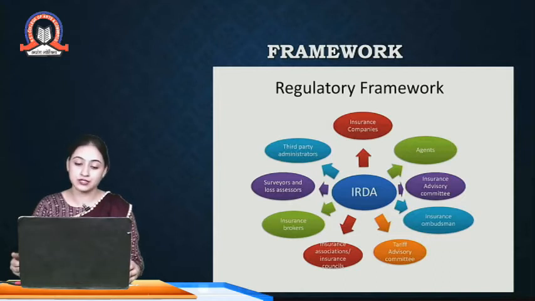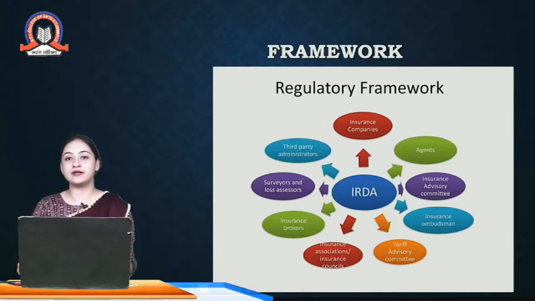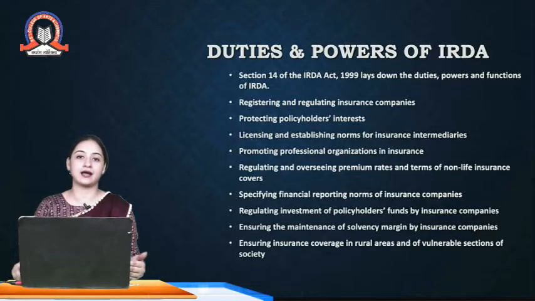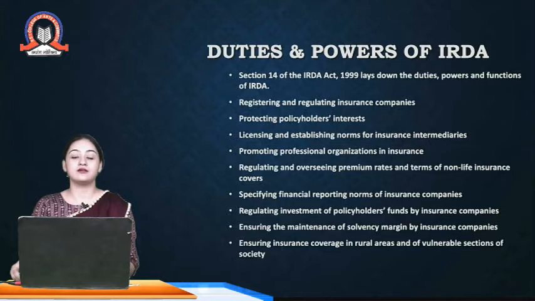Insurance association or council, brokers and agents are available. Losses are monitored, and if we are outsourcing or involving a third party, then also the regulatory body comes into the picture. We have to make sure that we are doing the activities under the rules and regulations.